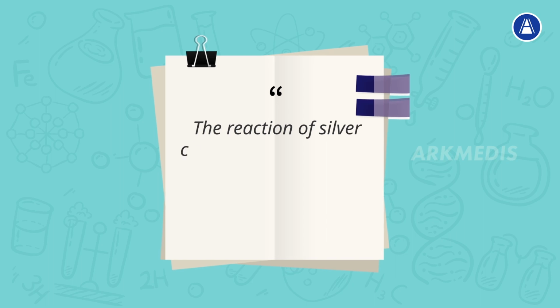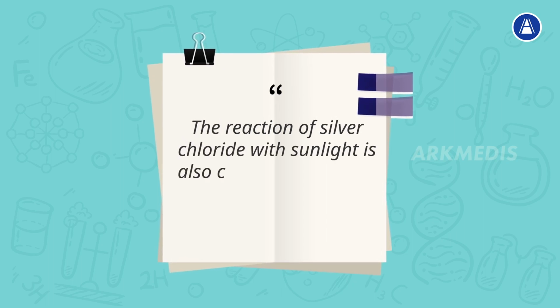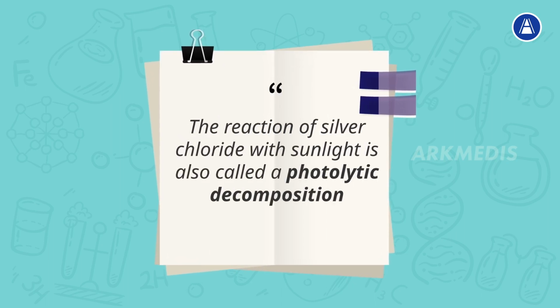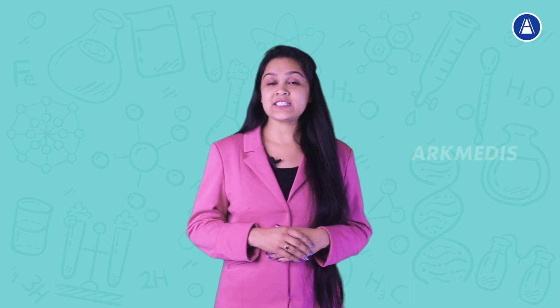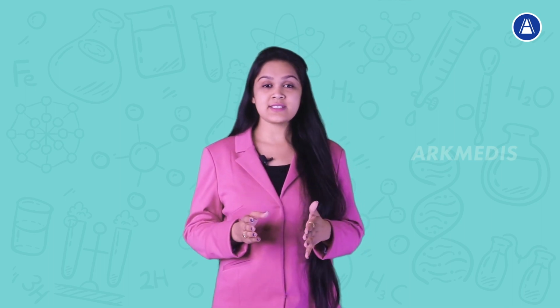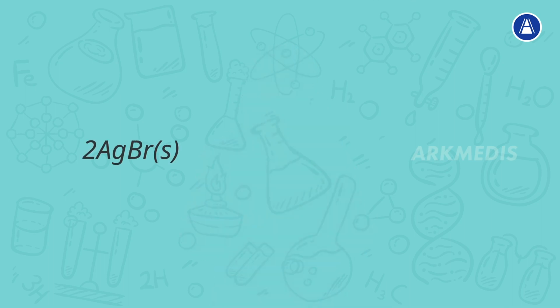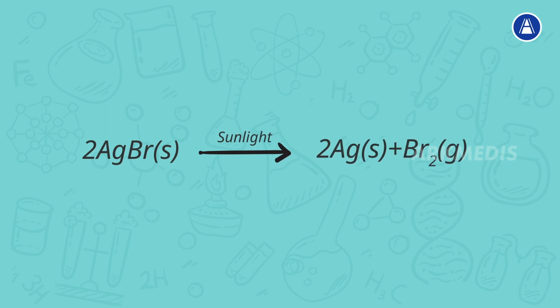The reaction of silver chloride with sunlight is also called a photolytic decomposition reaction, in which the decomposition reaction is carried out by sunlight. The balanced chemical reaction can be written as 2AgBr in the presence of sunlight gives rise to 2Ag plus Br2.